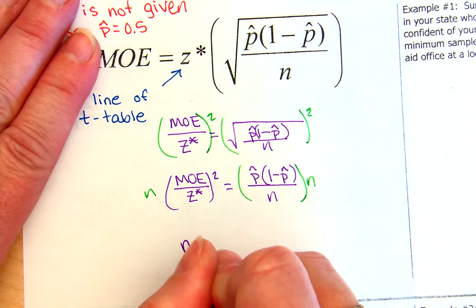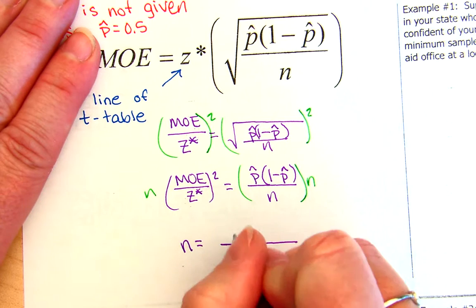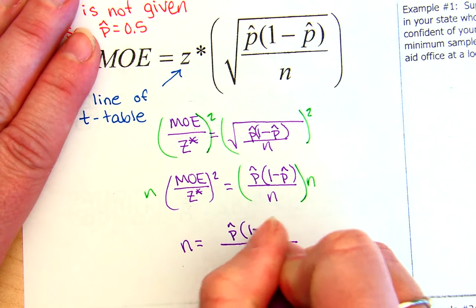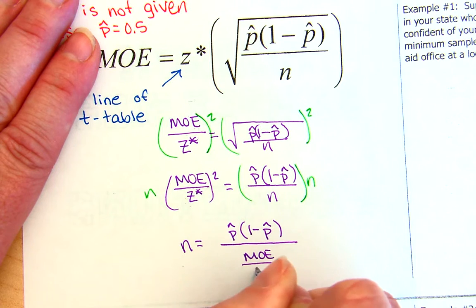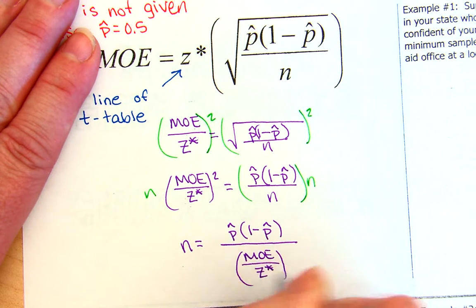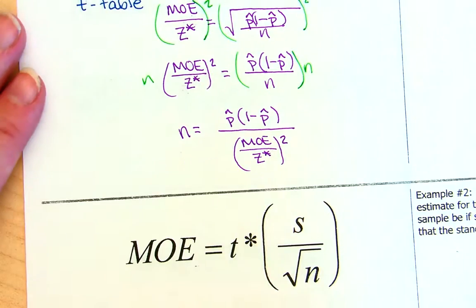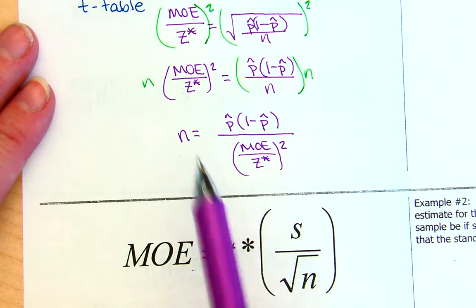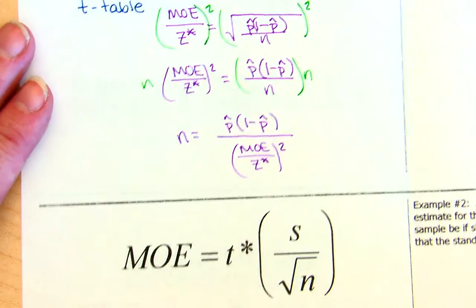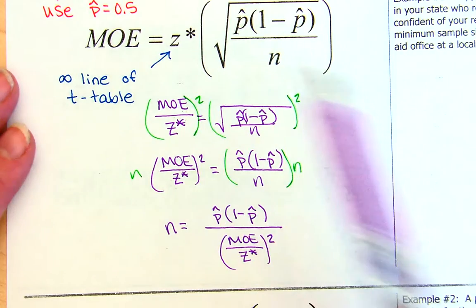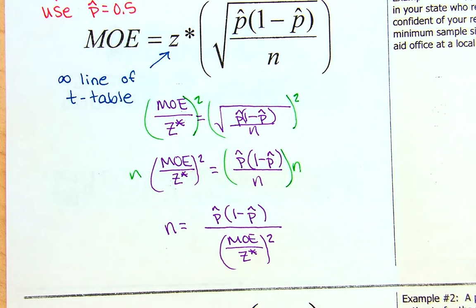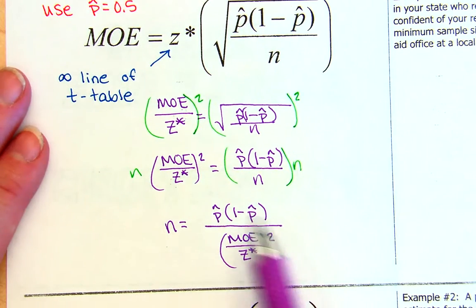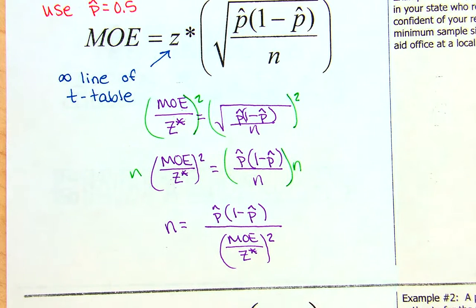So we would end up with n is equal to p hat times 1 minus p hat all over this. So when you're asked to find a sample size, you can just plug into this. This is how you're going to be able to find it on the formula sheet, up here. You can put all the numbers in first and then solve for n, or if you would rather just do it this way, or in your notes, you can do that. It's totally up to you, whichever way you'd rather do it.